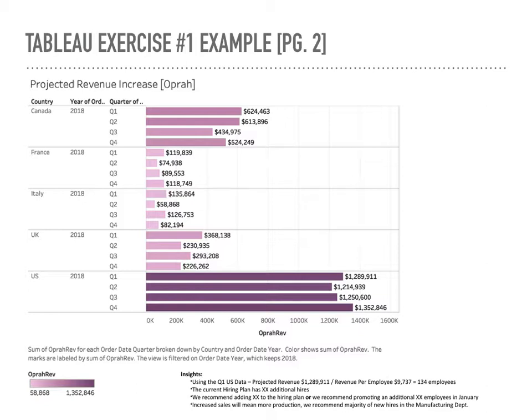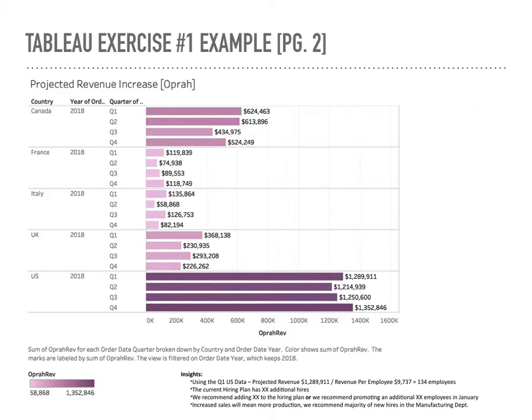Based on that, we've come up with two insights from these two different graphs. We recommend adding X number to the hiring plan, or we recommend promoting an additional X number of employees in January. Again, there's no right or wrong way to phrase that, but use the information that you glean from Tableau and from creating the visualizations to create recommendations or your insights.